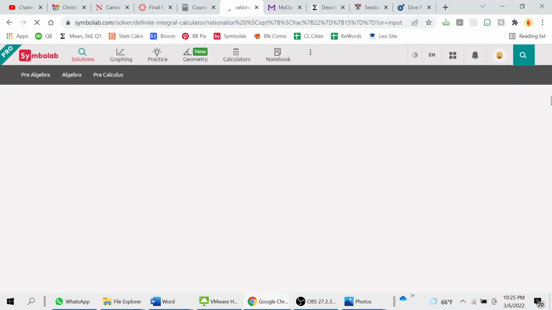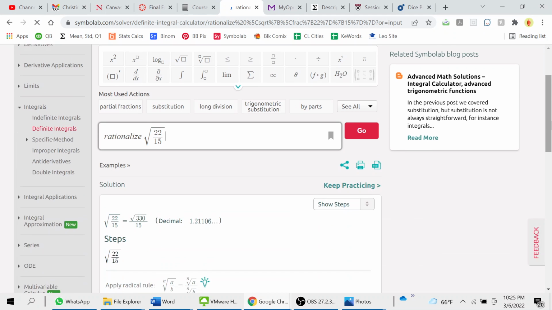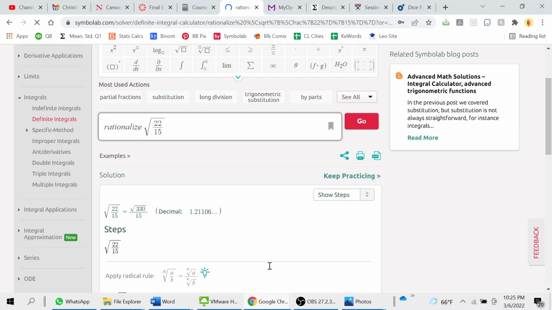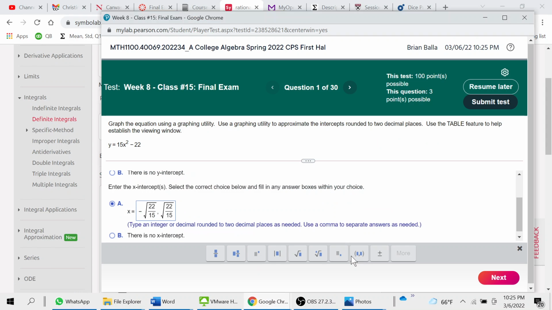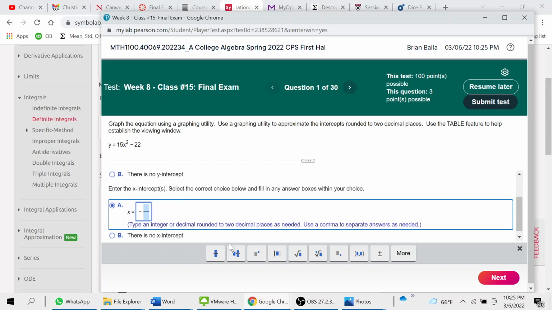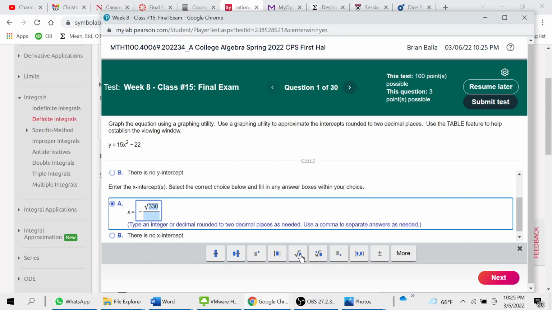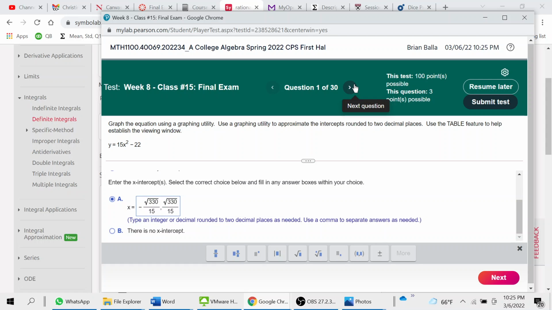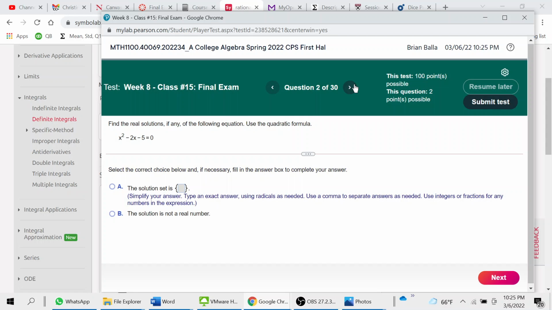Let's see if that works. Okay, square root of 330 over 15. Perfect. Over 15. Alright, I finished question 1, now moving on to question 2.